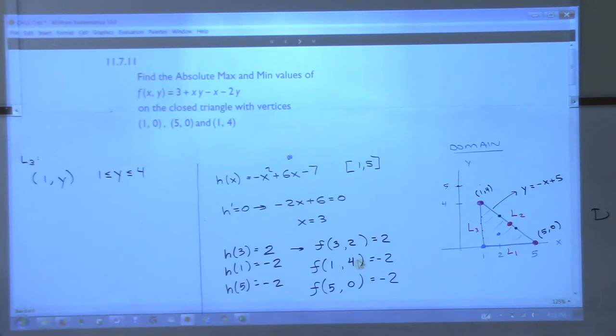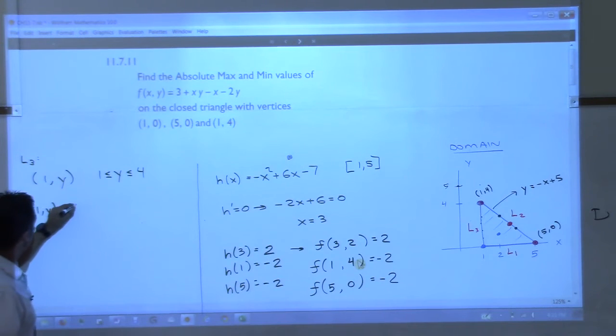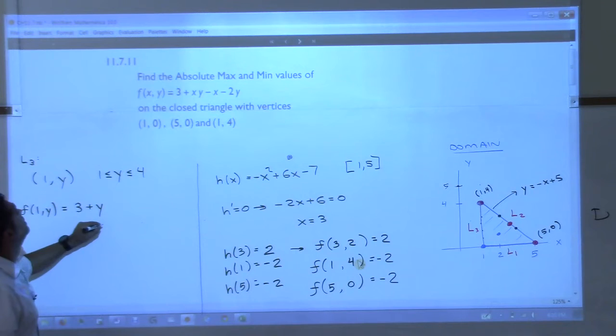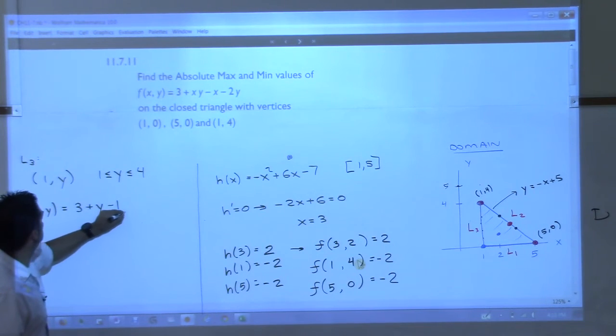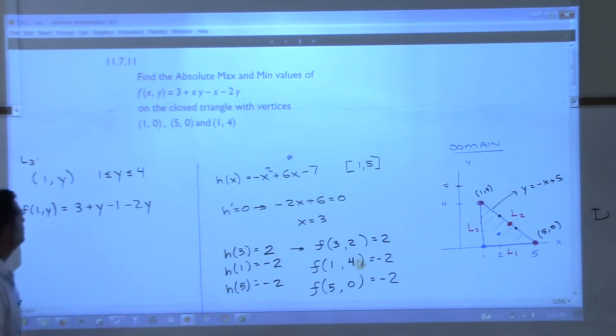So we have a different variable now. We have y instead of x. Big deal, right? It's still going to turn out to be a function of one variable. So now we look at our original surface at 1, y, which will be replacing all of our x's with 1 and leaving our y's alone. So we should get 3 plus y minus 1 minus 2y.